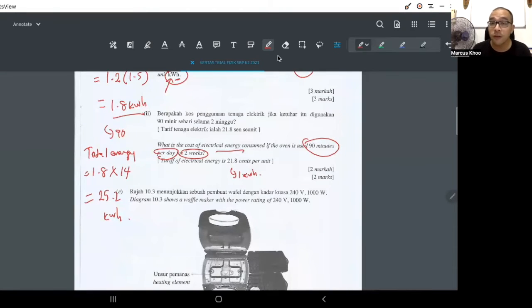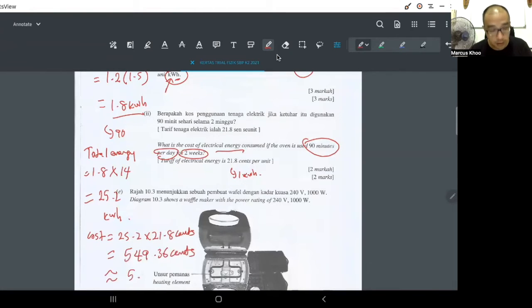Then you can calculate 25.2 times 21.8 cents, which will give you 549.36 cents, which is about 5 ringgit and 49 cent.